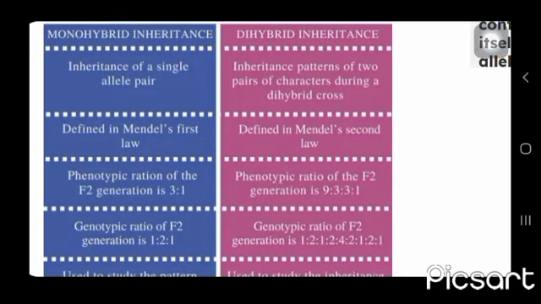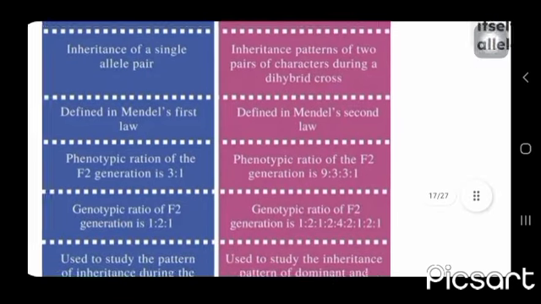The phenotypic ratio of the F2 generation is 3:1 in monohybrid inheritance and 9:3:3:1 in dihybrid inheritance. The genotypic ratio of the F2 generation is 1:2:1 in monohybrid inheritance and 1:2:1:2:4:2:1:2:1 in dihybrid inheritance.